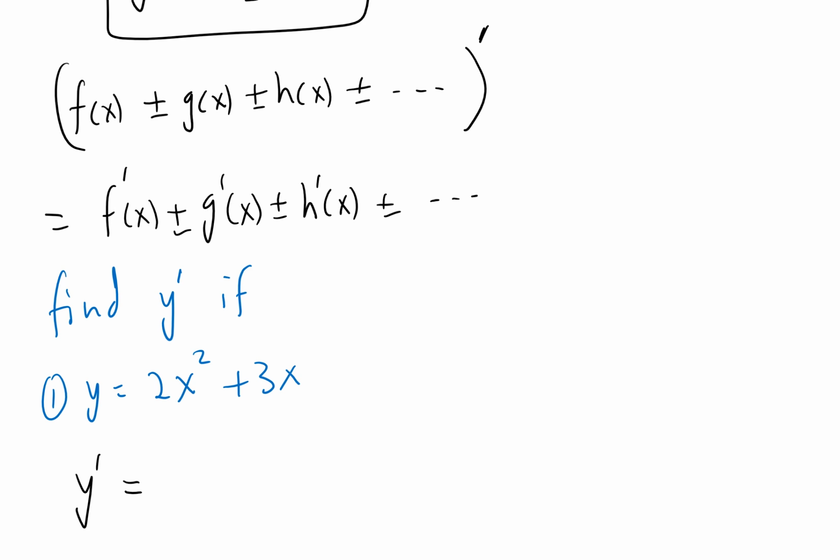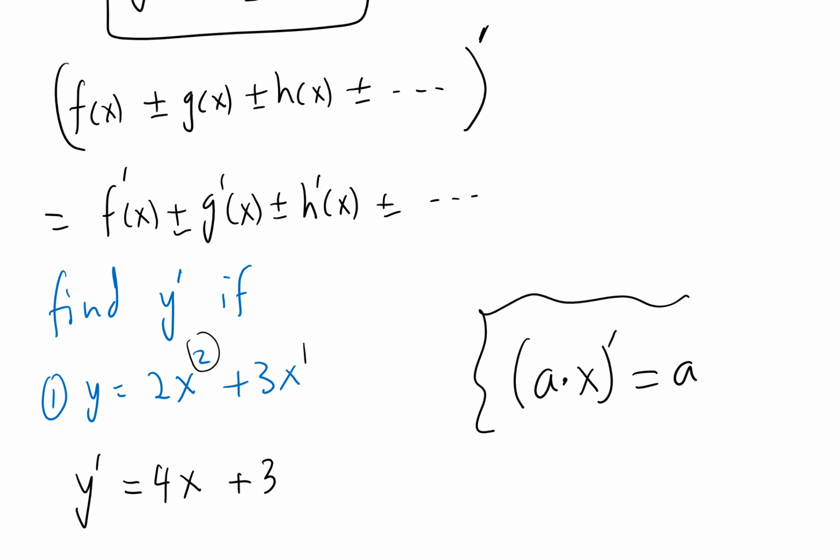You multiply the 2 by 2 first by the power rule. 2 times 2 is 4, and subtract 1 from the exponent, which gives 1, plus there's a 1 there. 1 times 3 is 3, and subtract 1 becomes x to the 0. So always, if you're finding the derivative of a constant times x, the answer will be the constant. So y prime equals 4x plus 3.